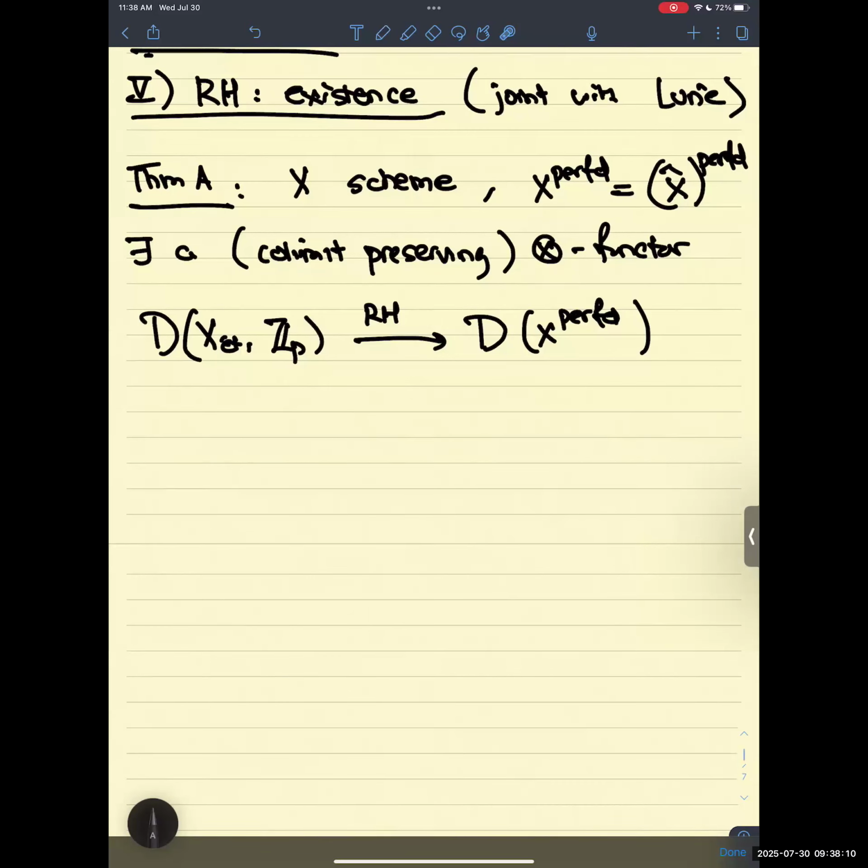So it's a mechanism for relating étale sheaves to quasi-coherent sheaves, and therefore it should suggest to you it has some Hodge theoretic flavor. And I'm just going to tell you one property for now, which is that it commutes with proper push forwards.